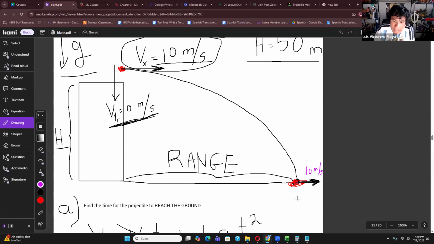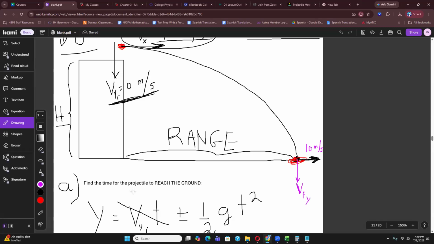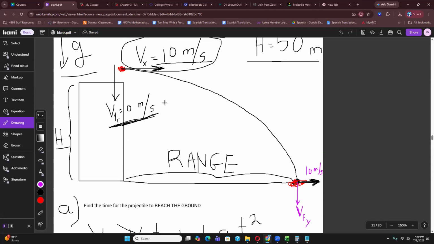What about the vertical? How do you find V final on Y? It would be completely independent, so you could just do the normal acceleration with V final and V initial. So V initial would be 0. And then acceleration is gravity.